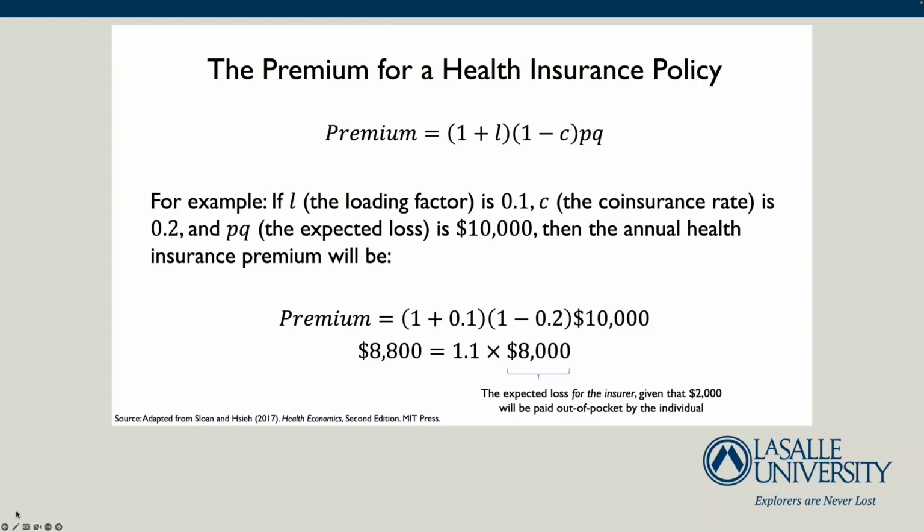So we would have 0.8 times 10,000 covered by the insurance company, and that would be the expected loss for the insurance company, given that $2,000 will be paid out of pocket by the individual for $10,000 incurred expense. And then we would have the loading factor of 0.1, which is basically the markup on the actuarially fair portion of this premium, and that will lead to a total premium of $8,800.